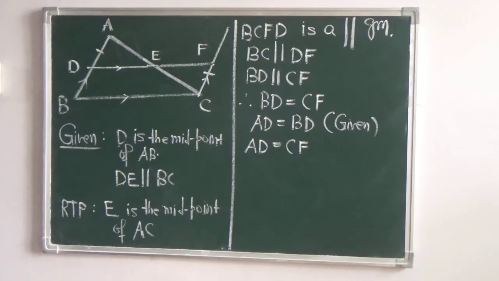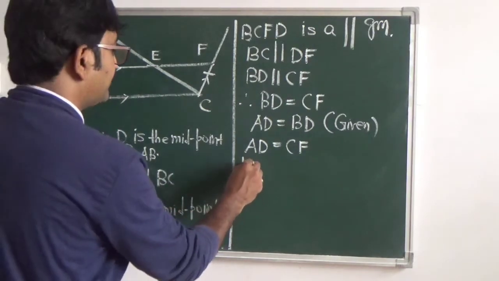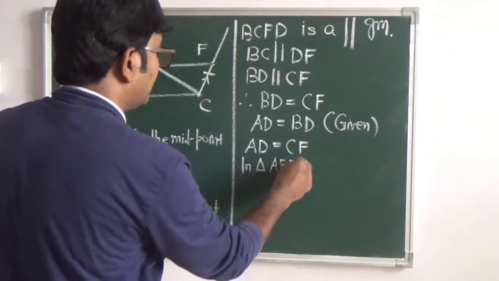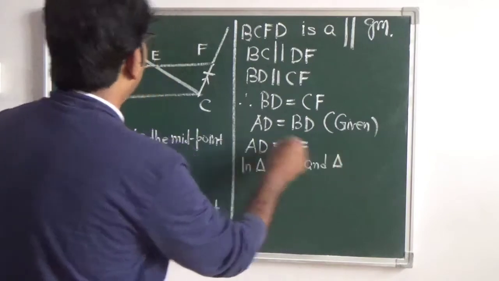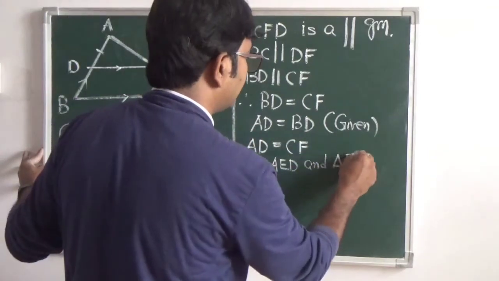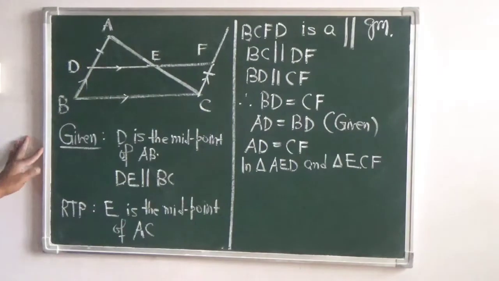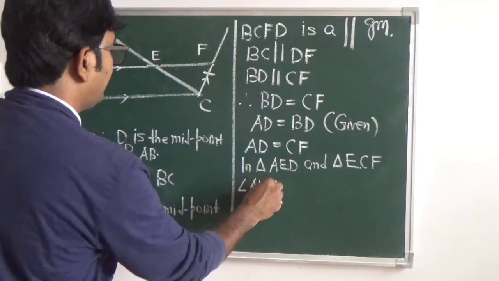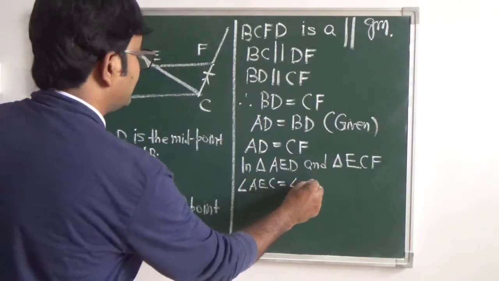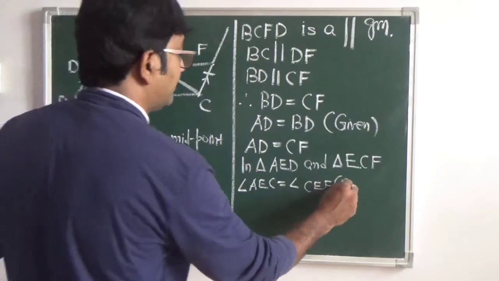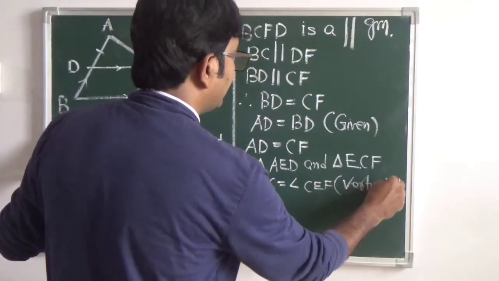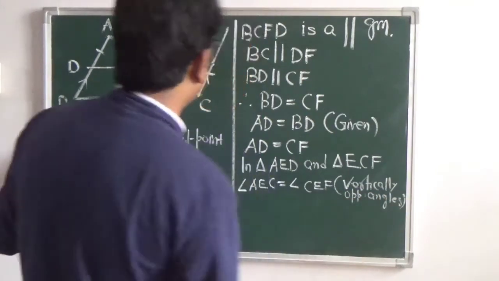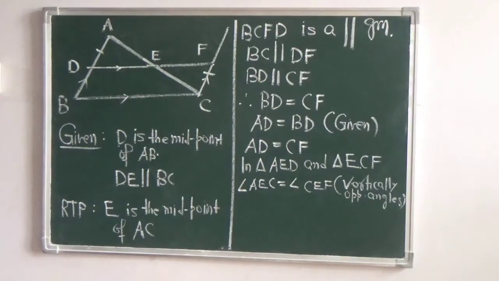Now we proceed to prove that the two triangles are congruent. So in triangle AED and triangle ECF, this angle and this angle are equal. Angle AEC equals angle CEF. We can call them vertically opposite angles.